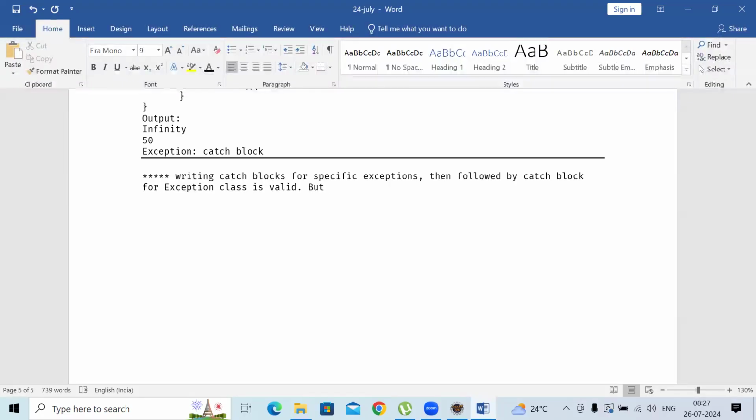But writing a catch block for exception class, then followed by catch blocks for specific exceptions, is a compile time error.